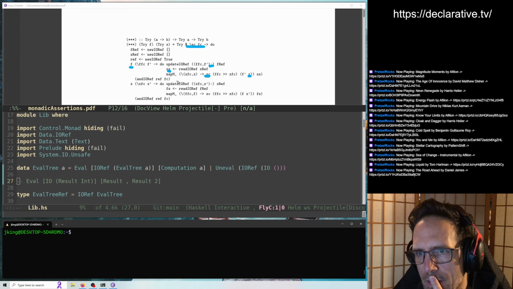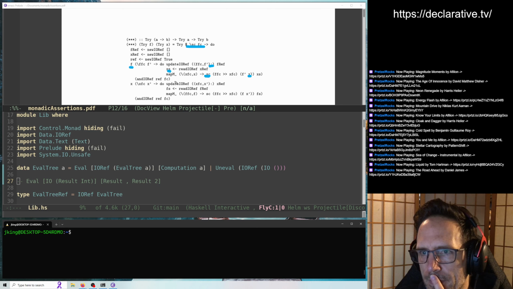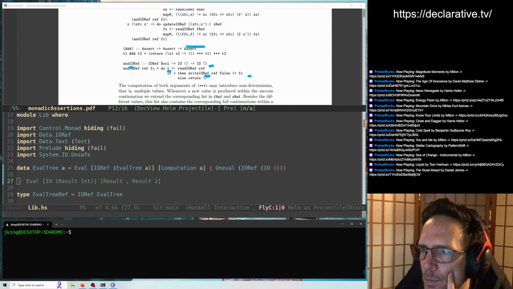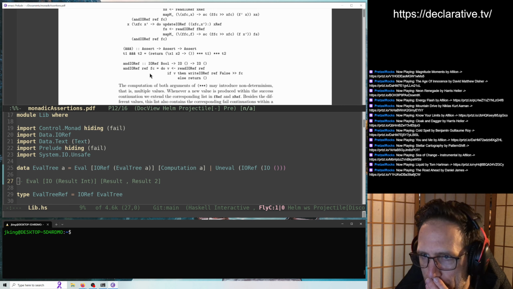So I think what this is doing here is it's evaluating both sides and ensuring we get both results. Like neither one hits a failure continuation. Right, and we do it by this and IO ref bit here, which takes the value, and if v, then we write IORef false, and then we call fc, the failure continuation.